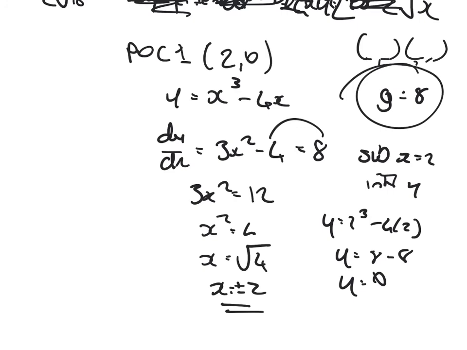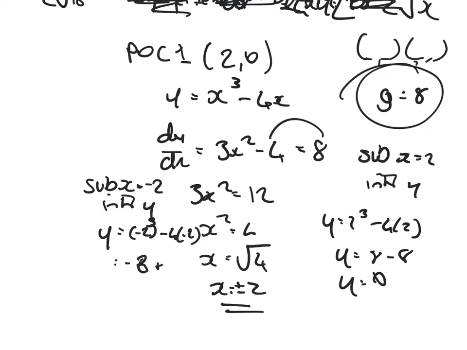I'll find the second one by subbing in x = -2 into y. That will be y = (-2) cubed - 4 lots of -2. That's -8 + 8, which is 0. So the second point of contact is (-2, 0).